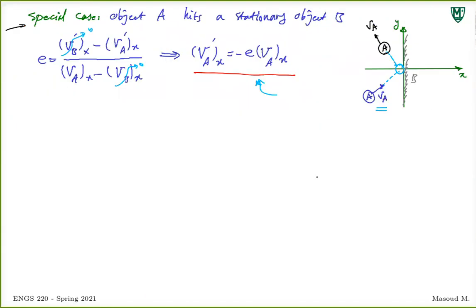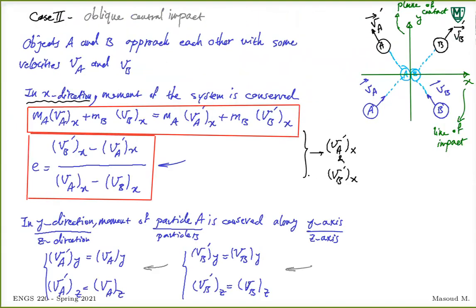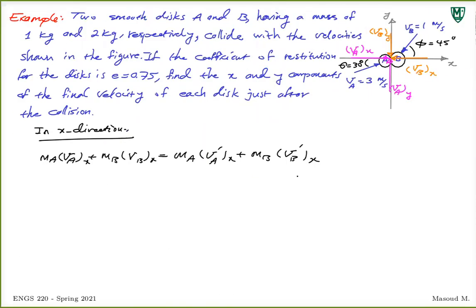Just to make sure that we use the right notation as well as introduce VA prime x here. And so that's in X direction. Let's plug in the values. We have a lot of information. mA is given, is 1 kilogram. mB is also given, is 2 kilogram.